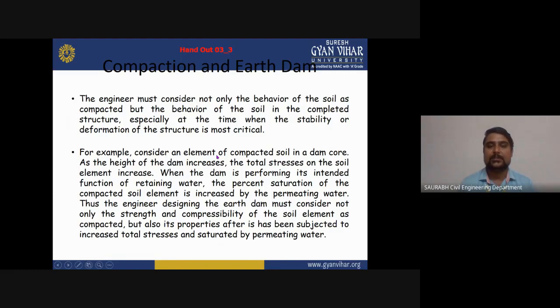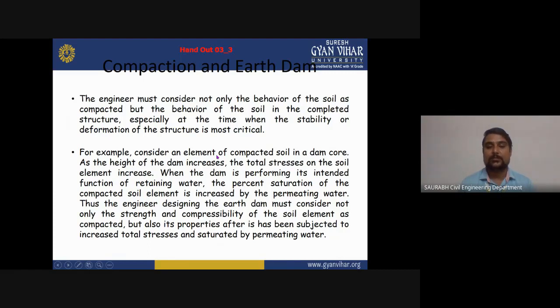The engineer must consider not only the behavior of soil as compacted, but the behavior of soil in the complete structure, especially at the time when stability or deformation of the structure is most critical. For example, consider an element of compacted soil in a dam core. As the height of the dam increases, the total stress on the soil element increases when the dam is performing its intended function of retaining water.